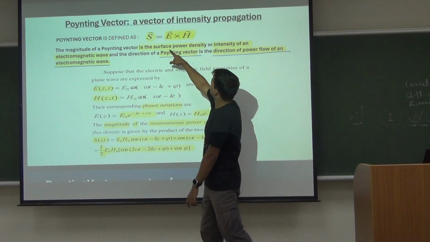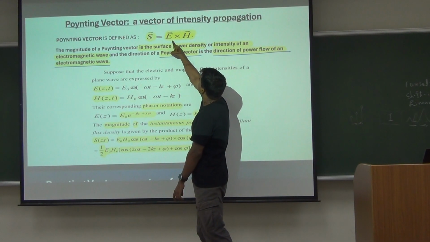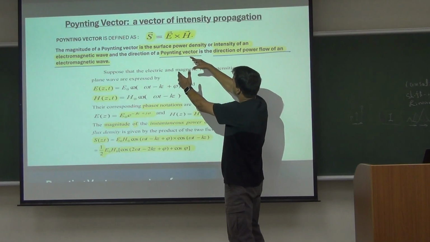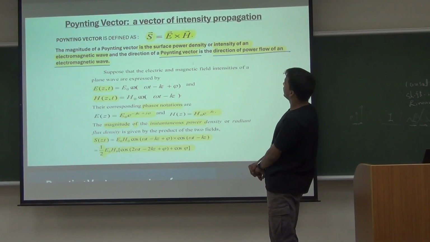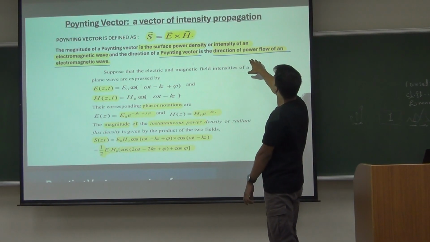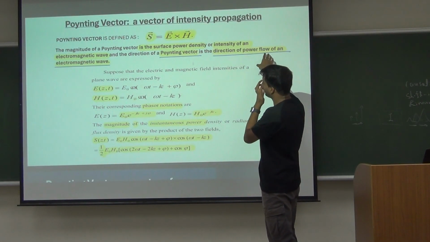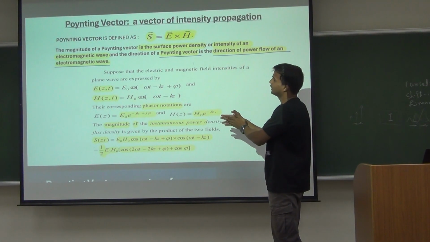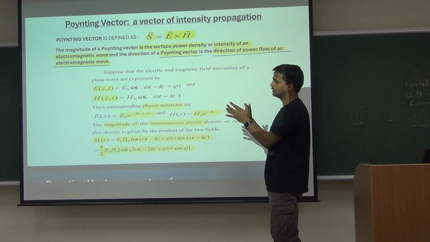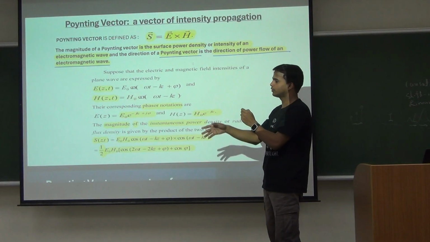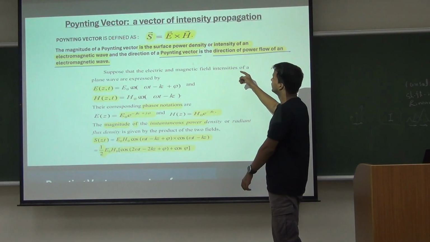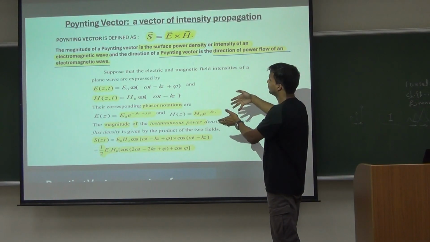So that is how it is defined: the cross product of electric field and magnetic field. That's how the Poynting vector is defined, and it also gives you the direction of power flow of the electromagnetic wave. So also the magnitude plus the direction of the power flow, which is the direction of the propagation of the EM wave. That is also the direction of the flow of power.